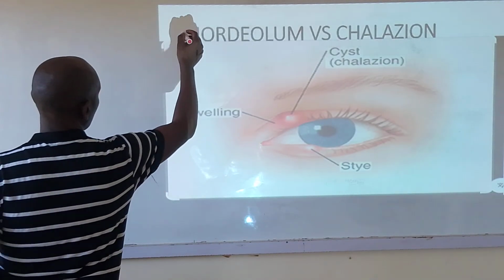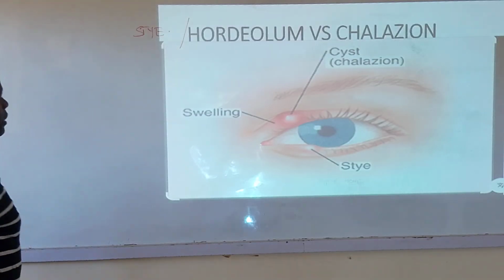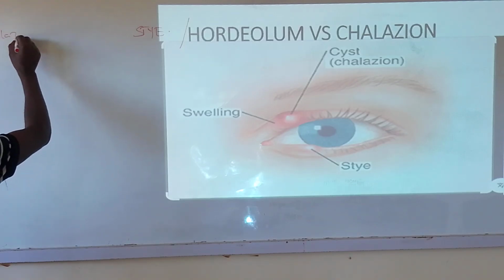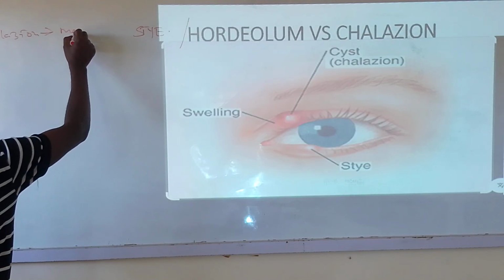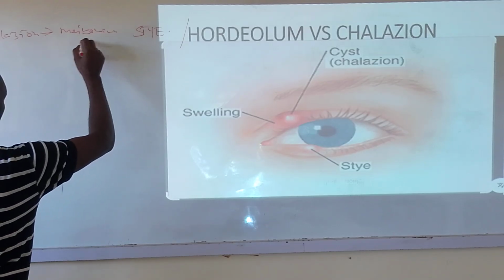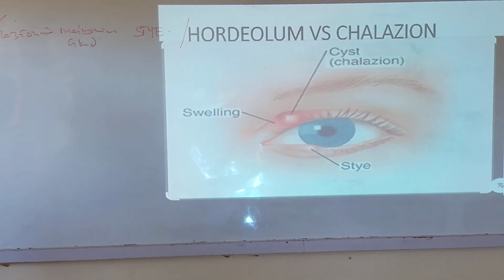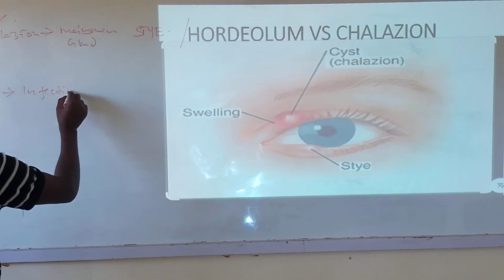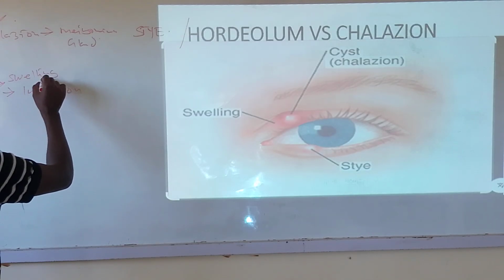So we are saying hordeolum is also known as the sty. When we talk of a chalazion, this one is usually a blockage in meibomian glands. So this one is not an infection. But when it comes to a sty, this one is an infection, meaning it's a swelling that is caused by an infection.